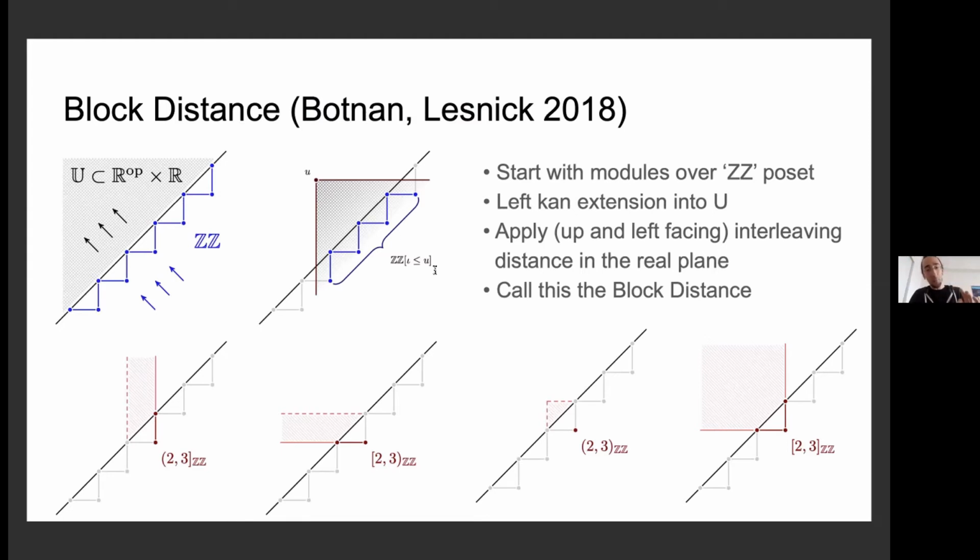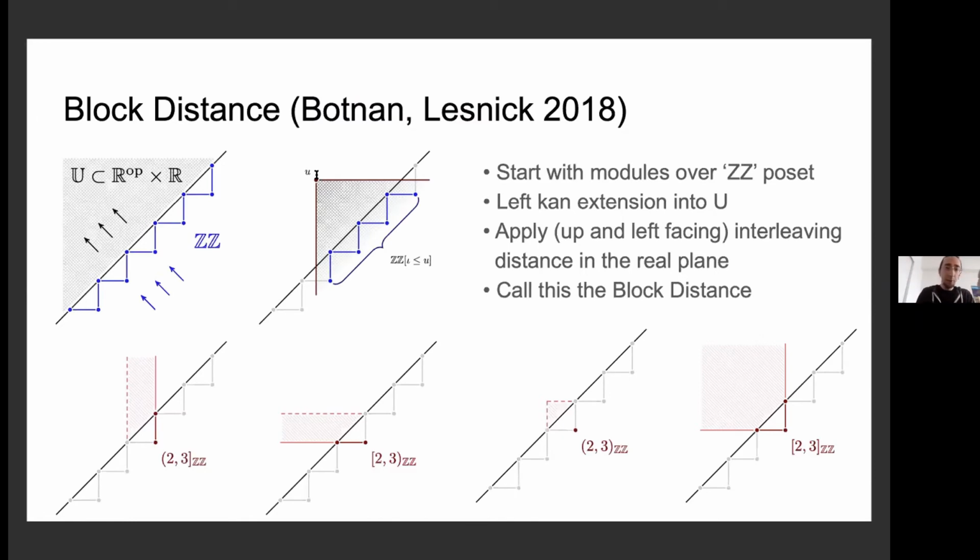And what you wind up doing to turn zigzag persistence modules into real plane persistence modules is a Kan extension by colimit. You take any point up here, you take some particular zigzag persistence module here, then you take any point in the real plane, project down and take the induced sub persistence module by this sort of triangle.